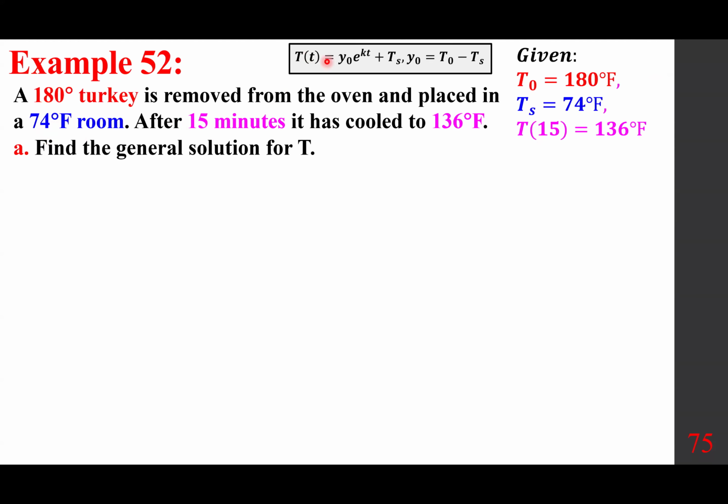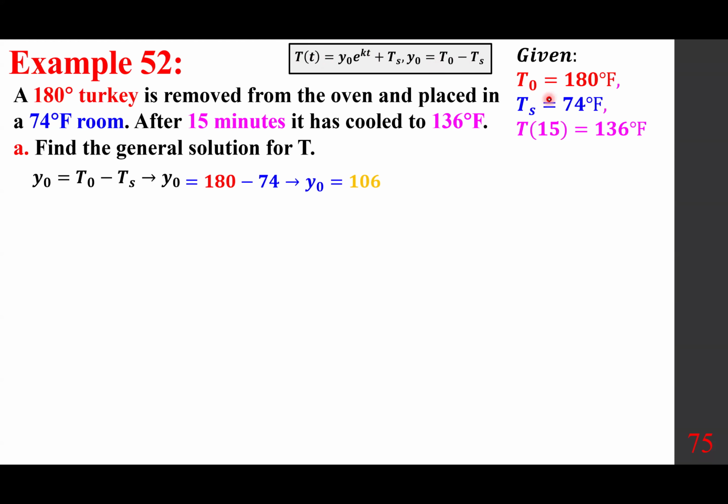We are going to write this formula. And we remember y sub 0 is the difference between the two, T sub 0 minus T sub S. We're going to write this as 180 minus 74, which results in 106.